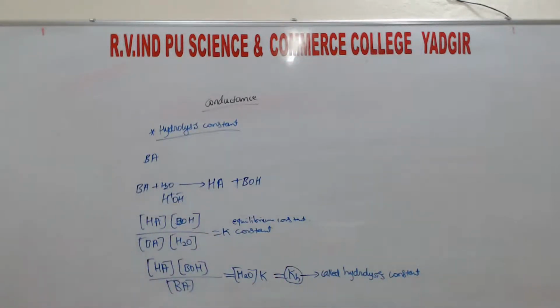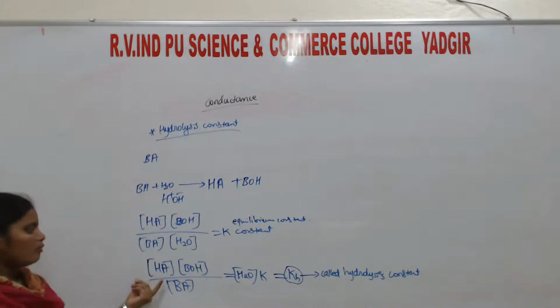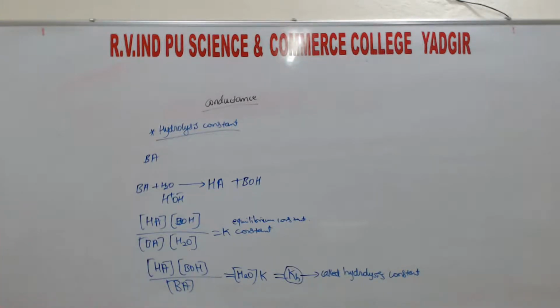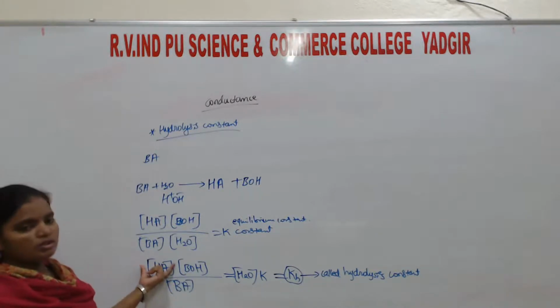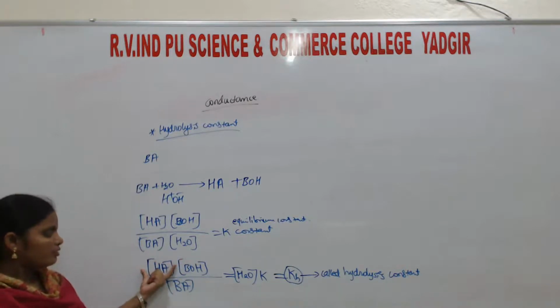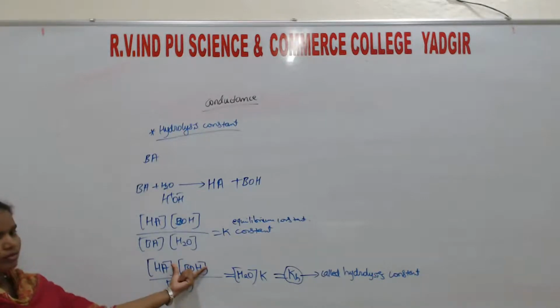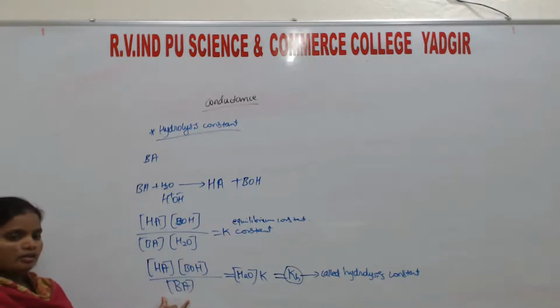Here the concentration of HA and the concentration of BOH represent the molar concentration of free acid and free base produced, and BA represents the molar concentration of the unhydrolyzed salt.